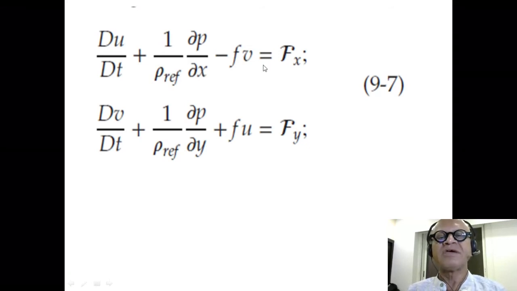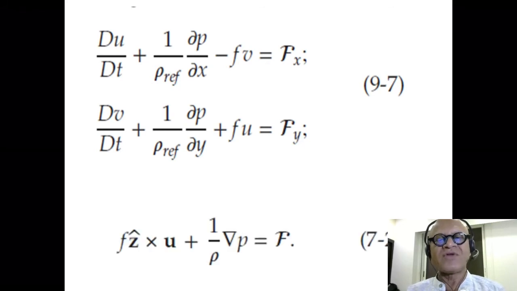Obviously, we are heading to say friction is the wind stress, right? dv dt plus 1 over rho ref dp dy plus f times u equals friction in the y direction, or the wind stress in the y direction.